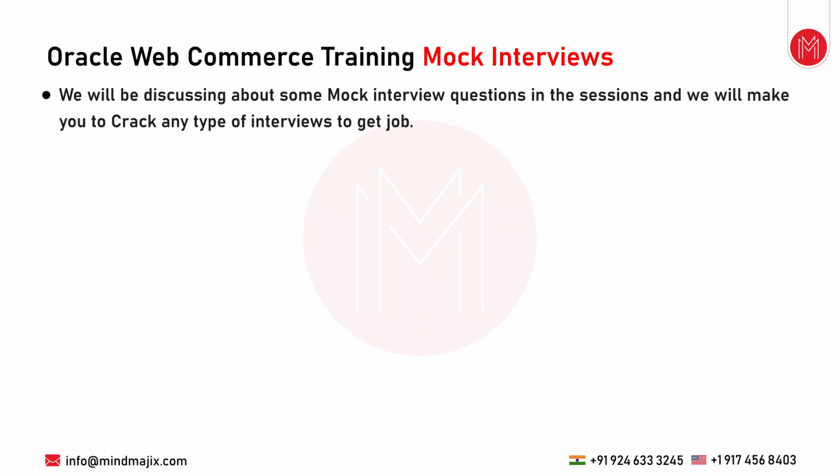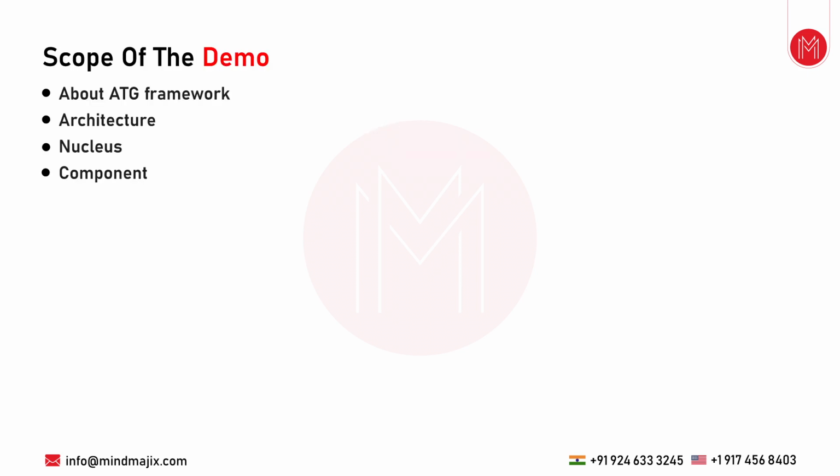Now let's talk about the agenda which I discussed earlier. After giving this outline, we can talk about what the ATG framework is, what the architecture is, what the nucleus component is, and what actually a component is. So the ATG introduction I would like to give is: ATG stands for Art Technology Group.